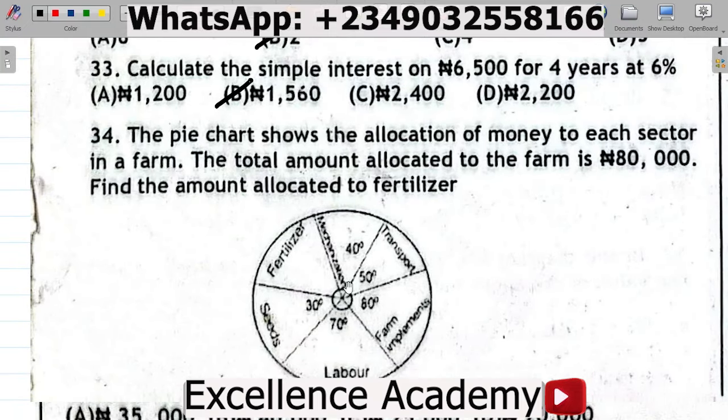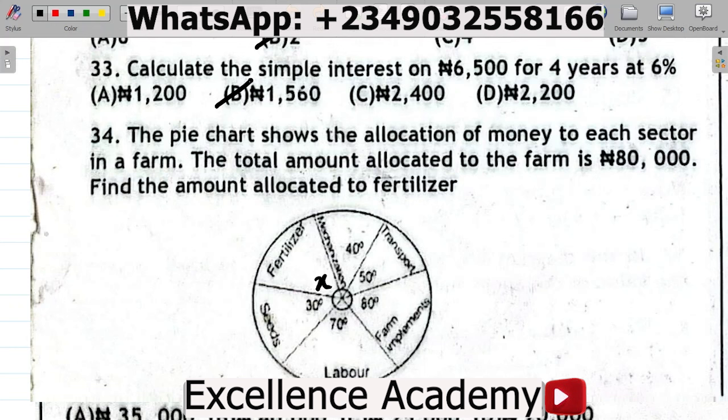Now, looking at this, you have different percentages here, as you can see. For fertilizer, we want to observe that there's no angle here. The angle for fertilizer is unknown, so we'll call it X. Now, what we know about this is that this is the midpoint of the circle. And we know that the sum of angles at a point is equal to 360.